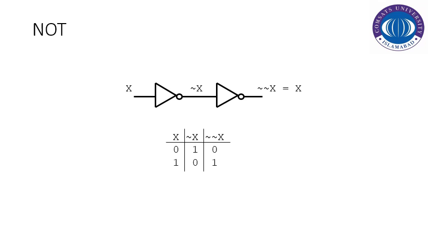Now, if we add NOT gates in series, we use the term cascading. If we cascade NOT gates and the number of NOT gates is even, for example two NOT gates in series, they cancel out their effect.